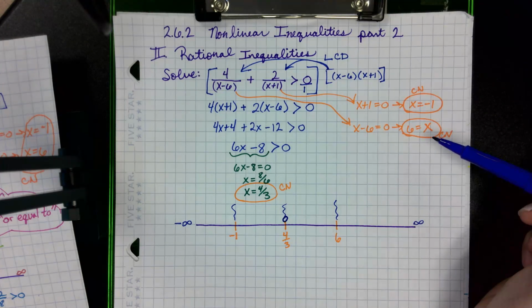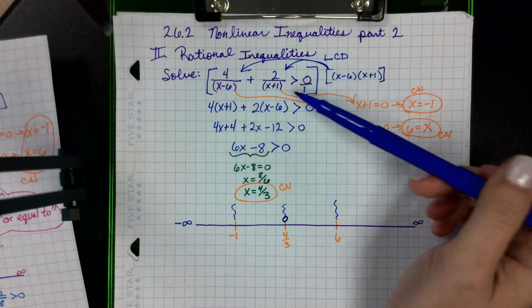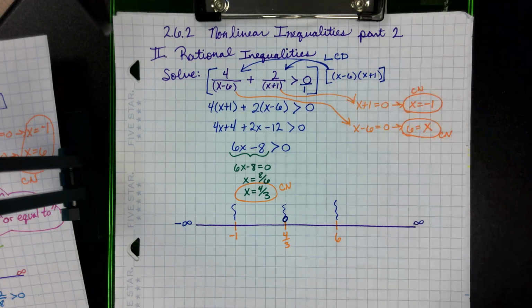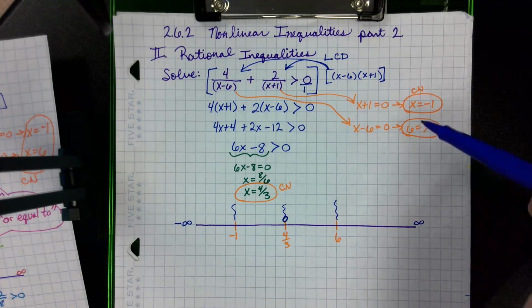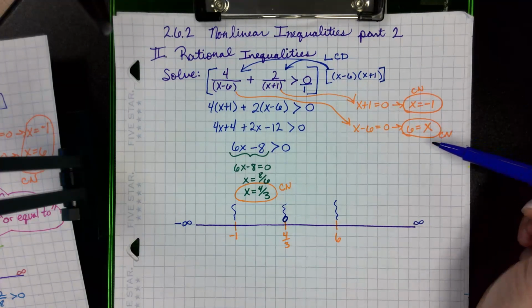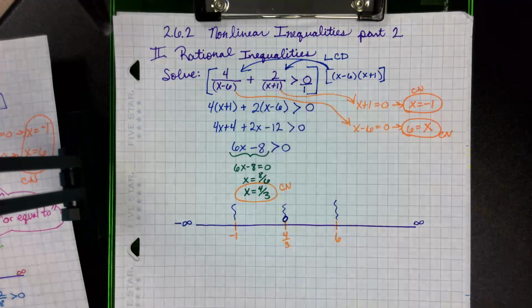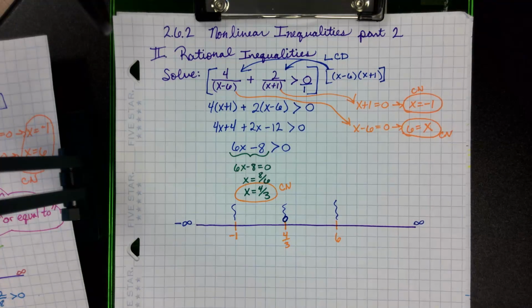Now the critical values that we got from the denominator, the symbol in the inequality doesn't really affect that at all. We know the denominator cannot ever equal 6, because if the denominator equals 6, it means you divide by 0 here, and you can't do that. So anytime you get critical numbers from denominators, they're never going to be or equal to.